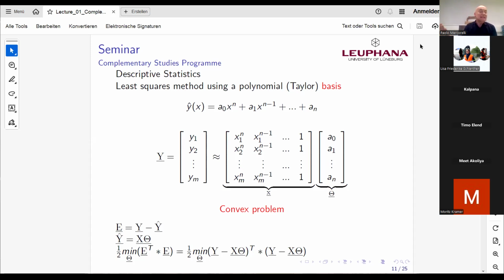The number of coefficients equals n plus 1. In any case, if n is given, you remember the concept.